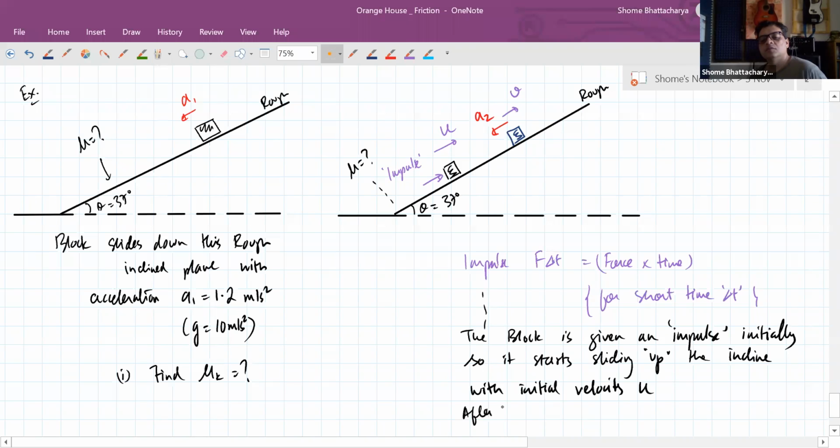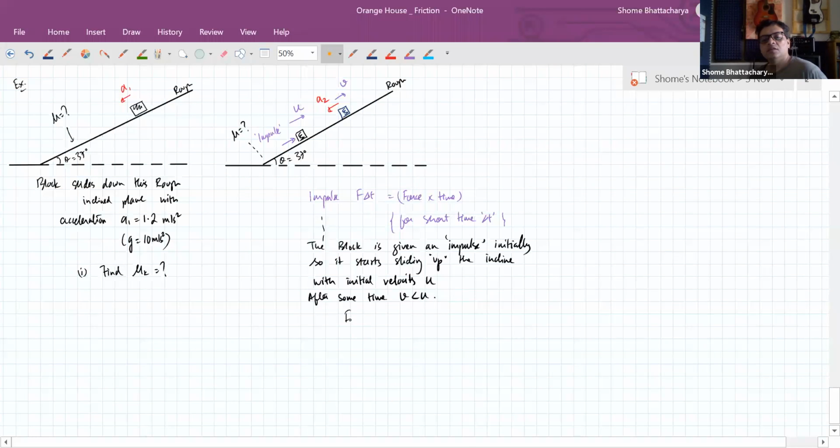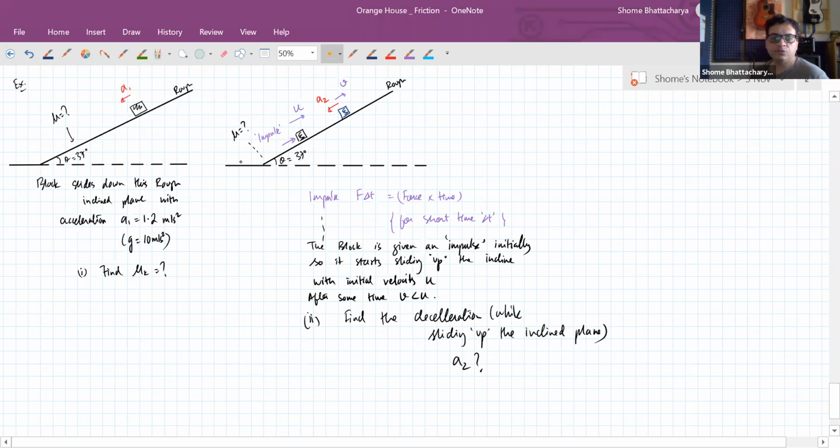So after some time, v becomes less than u. Okay. So find the deceleration while sliding up the inclined plane. a2 is the deceleration while sliding up the inclined plane. So we have to find out how much that is. Okay. It is the same inclined plane.